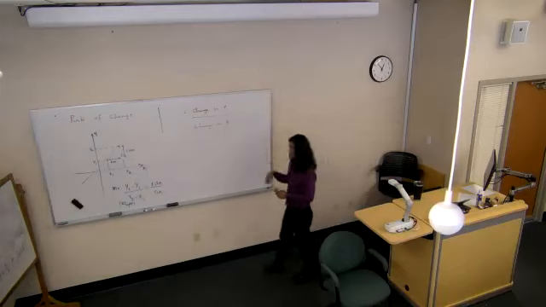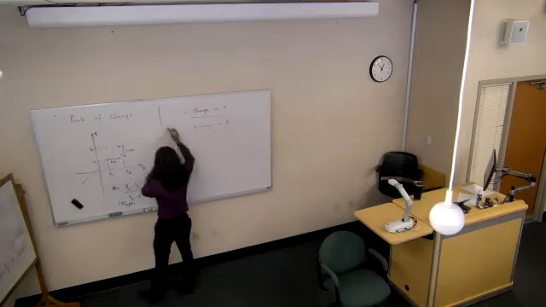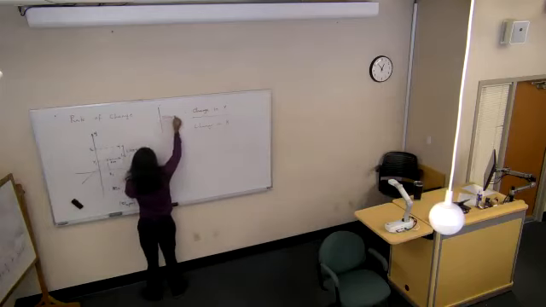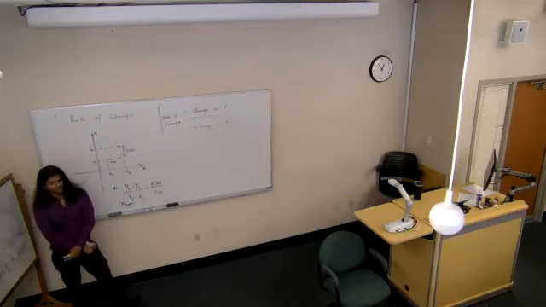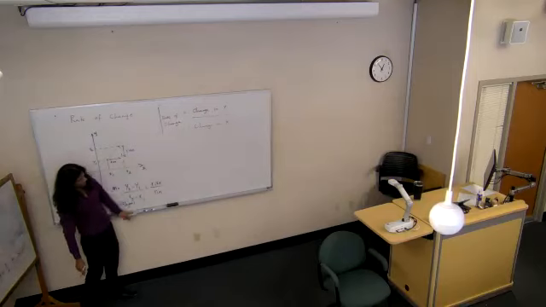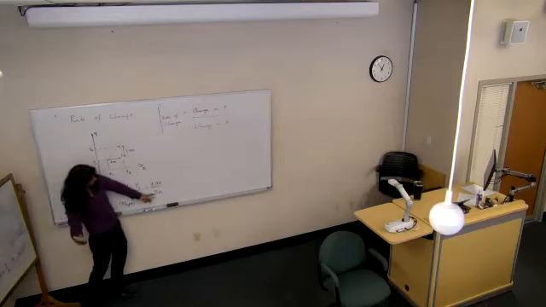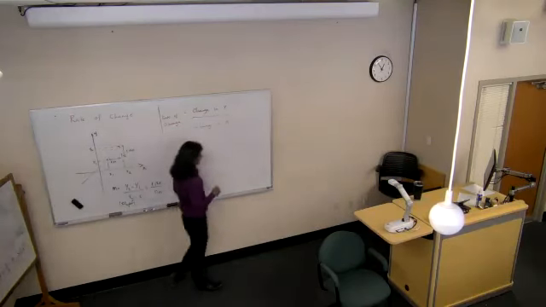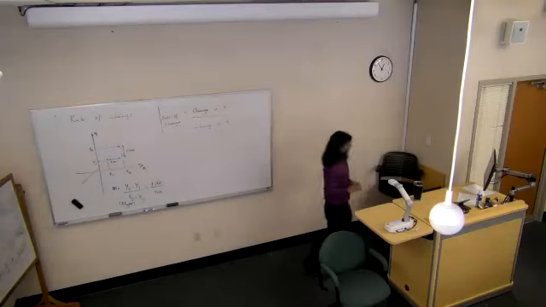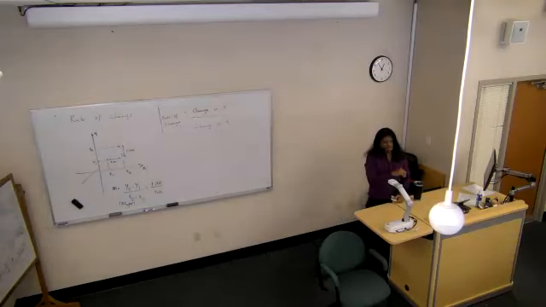Okay, I've got two changes. I'm going to give it a name, rate of change. So, baby steps. Back in middle school, maybe college, and here you are in calculus: rate of change. But it all goes back to basic slope.